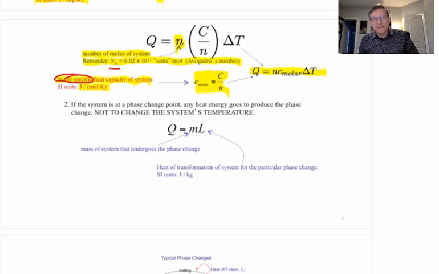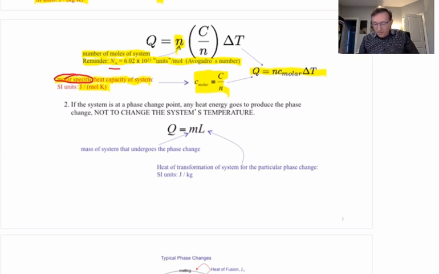It does not go down. Instead, that energy transfer out as heat is allowing the system to rearrange its water molecules into a different configuration, a crystalline configuration. We call it ice.